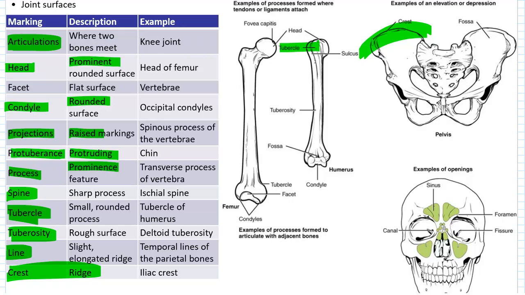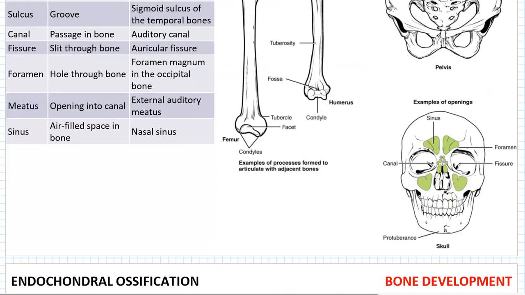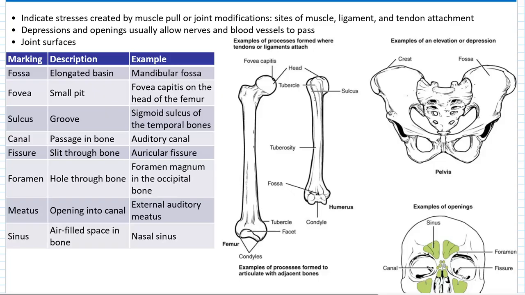Does that make sense? Now, when you look at flat surfaces like a facet or a condyle, what can be there? Usually facets or condyles are places where bones meet with each other. Does it make sense? I'm going to give an example of a question that I can ask. Then we have things like fossa or fovea.